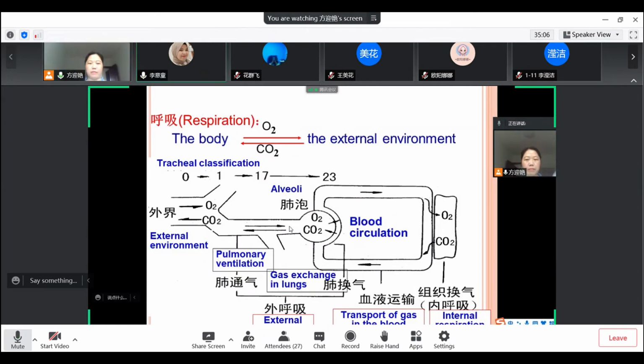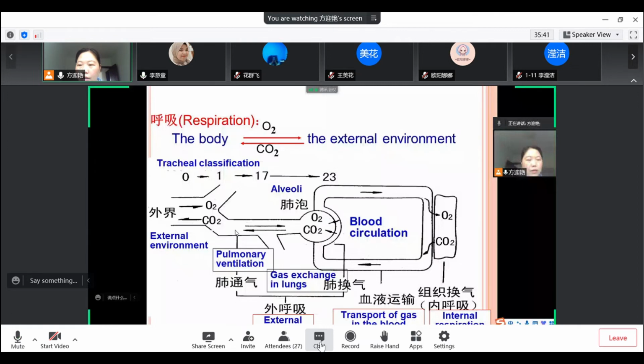Do you know what is needed for the gas to go out of or into the body? Into the body. I can't hear clearly.